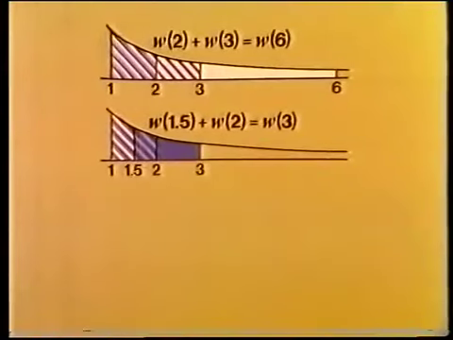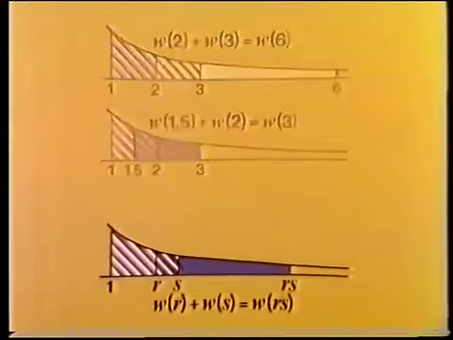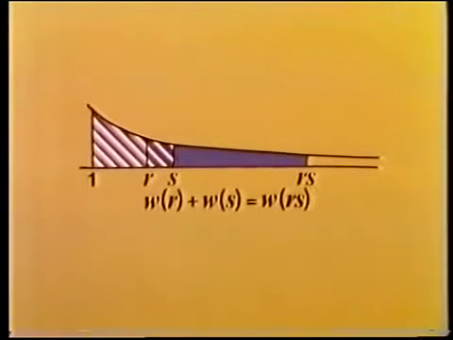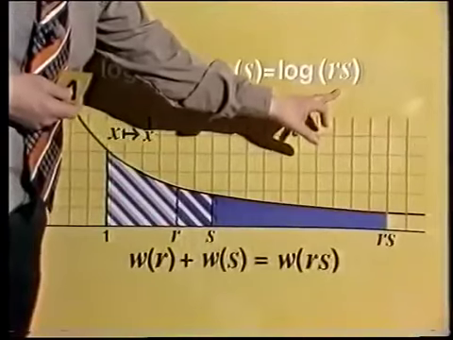In both cases, I was illustrating this general rule. W of r plus W of s equals W of r times s. You've seen this kind of rule before in Unit 1 of Block 2. Well, it's just the rule for the logarithm of a product, rs.